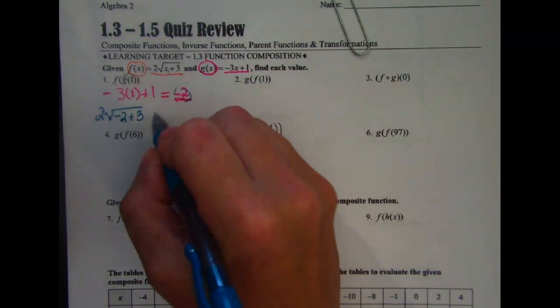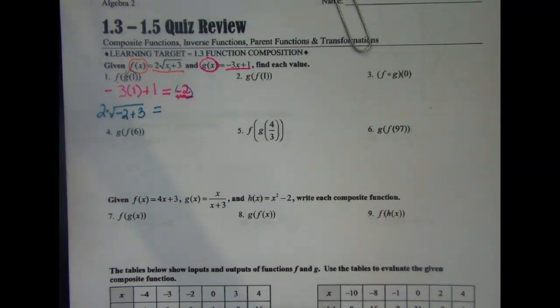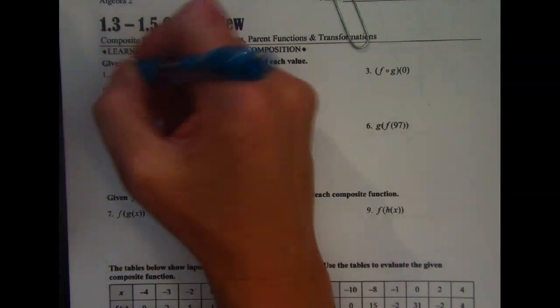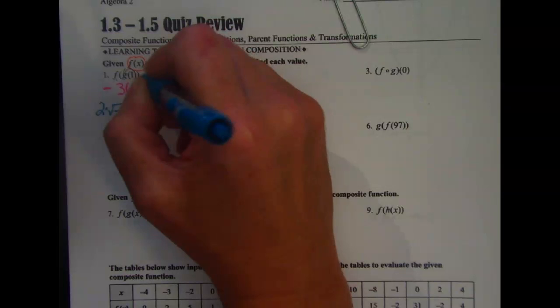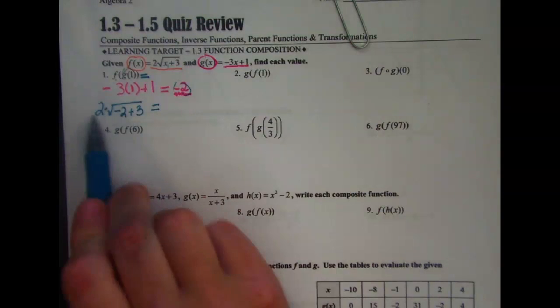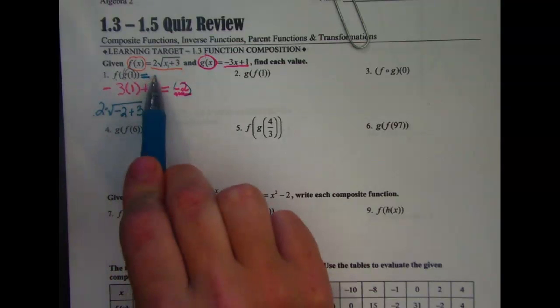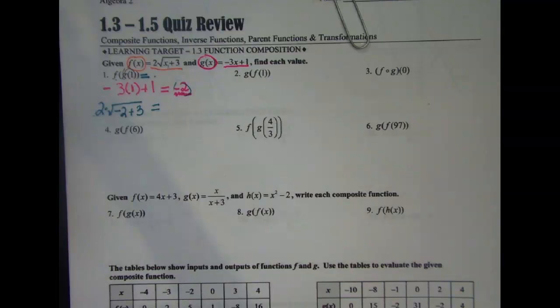So then again, I will have my final answer. We can rewrite it, or up here just put the equal sign. So f of g of 1 equals whatever our final answer is here. That's how we write it in function notation.